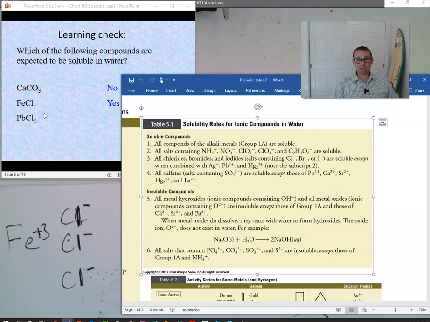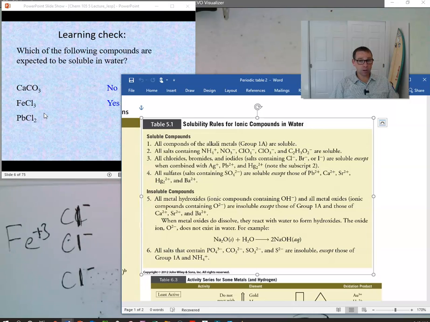All right, let's name the last compound and find out whether it's soluble or insoluble. Number 3 again. Okay, number 3 again, but let's name it really quick first. What's its name? Lead chloride. Very good.